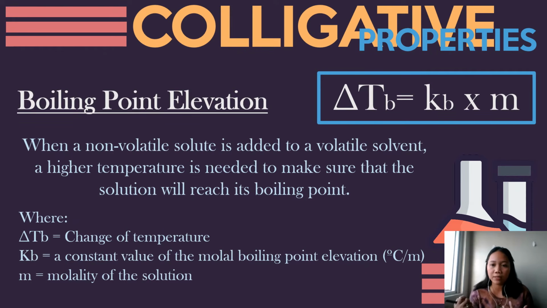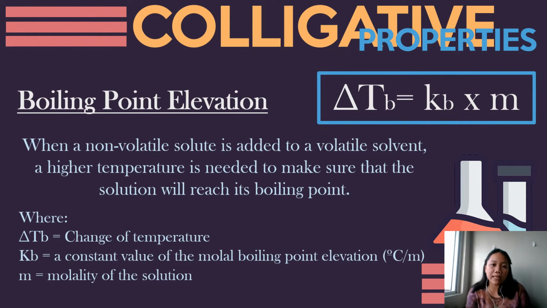Kasi hindi lang naman bonds yung meron because remember, we also have intermolecular forces. So, going back here, when you say boiling point elevation, so when a non-volatile solute is added to a volatile solvent, a higher temperature is needed for you to make sure that the solution will reach its boiling point. Okay, so tataas dapat.